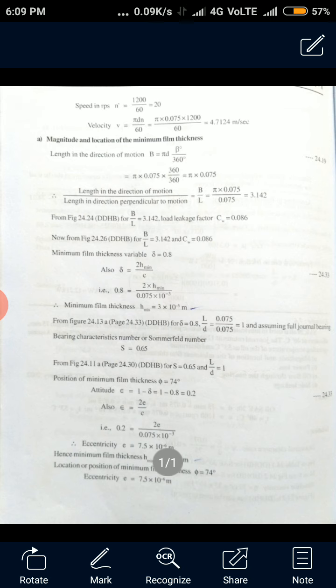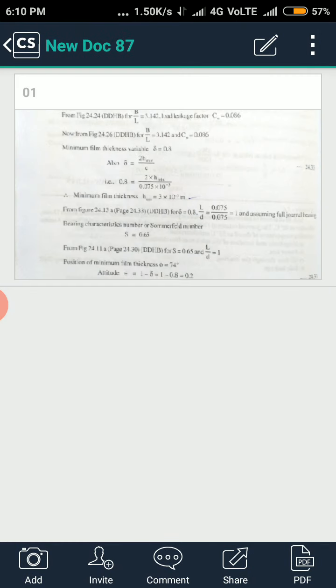To calculate attitude, one more relation is 24.35. What is that? Attitude epsilon equal to 1 minus delta. Using this relation we can find the attitude. Okay, so this way we can find the attitude value.